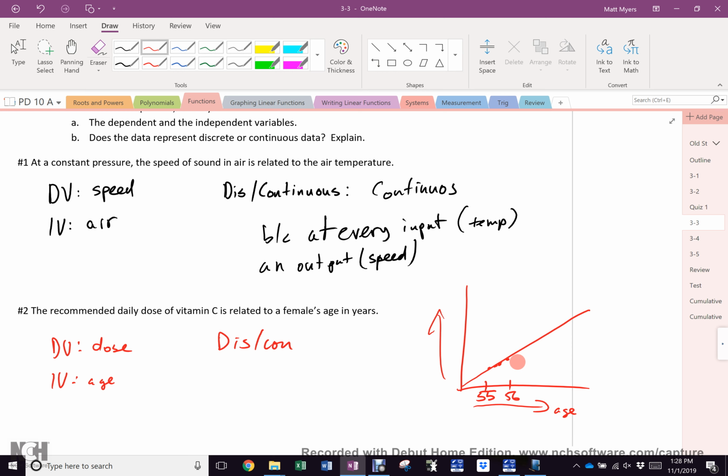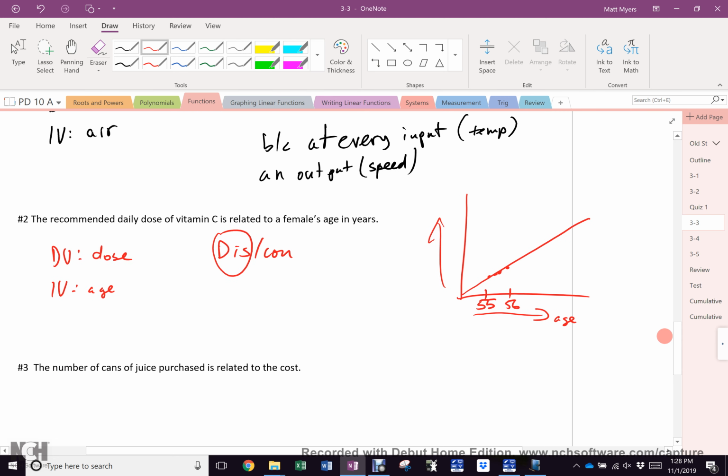So would I slice off 1/365th for a day, then 1/24th of that for an hour, then 1/60th of that? Then by the time I finish this definition, I need a new dosage. Everybody understand? All right. So that one was discrete. Why? Here's a real simple way to look at it. Because our inputs are counted, not measured.